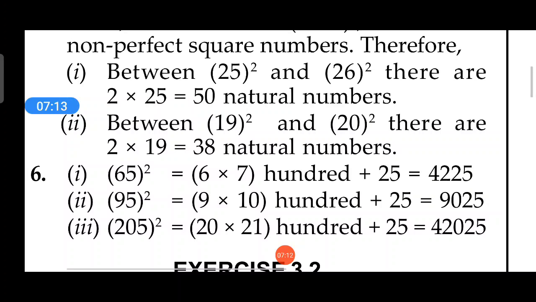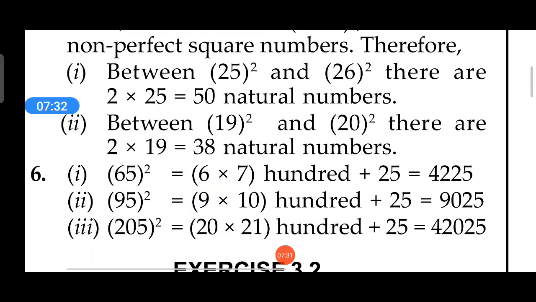So here, 6 into 7 hundreds, 6 into 7 plus 25, then 9 into 10, 100 plus 25, then 20 into 21, 100 plus 25.